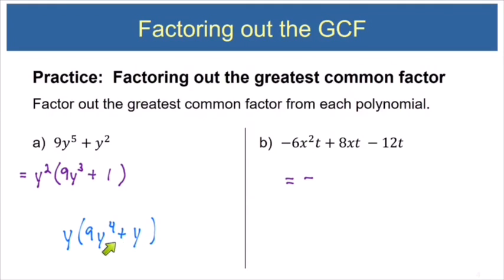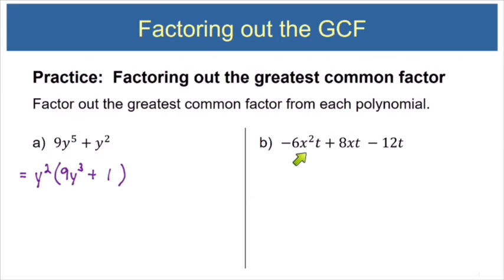But notice here that both terms still contain a y, and that means that this y out here is not the greatest common factor. In other words, we could have pulled out a bigger power of y and gotten this answer. So it's really important that you always check that inside the parentheses your terms no longer share any common factors besides 1. Now let's look at part B.